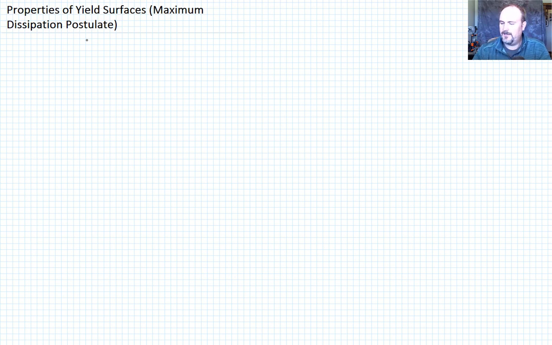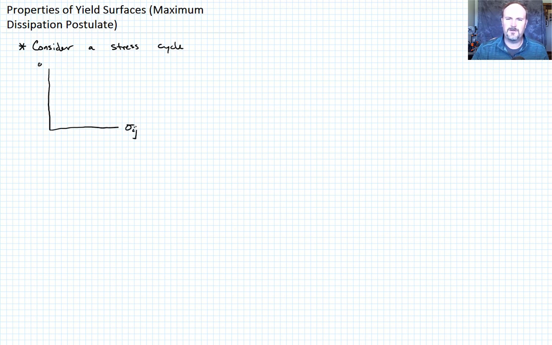So let's start by considering a stress cycle. Let's plot this in stress space. So there's our axes. Here's sigma ij and some other sigma ij. And maybe we have some stress surface that looks like this.